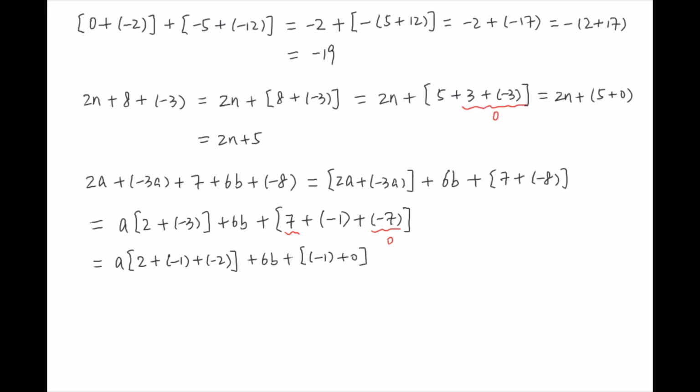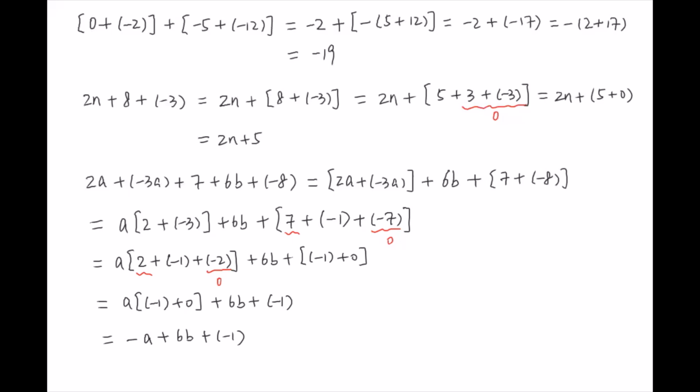For the first bracket right here, this one is actually also 0. So we can get a times (negative 1 plus 0) plus 6b plus negative 1. So it equals negative 1 times a, which is negative a, plus 6b plus negative 1.